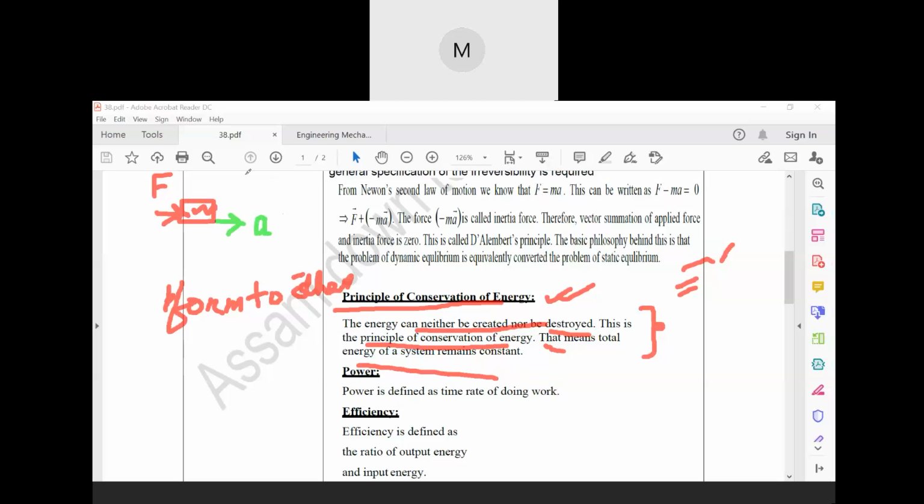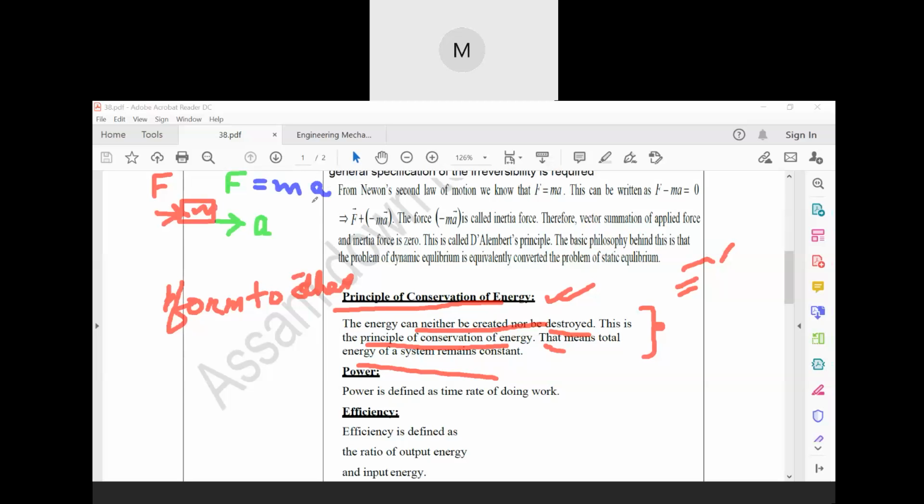Yes or no? So we all know F equals what? Mass into acceleration. So F equals ma. Yes or no?